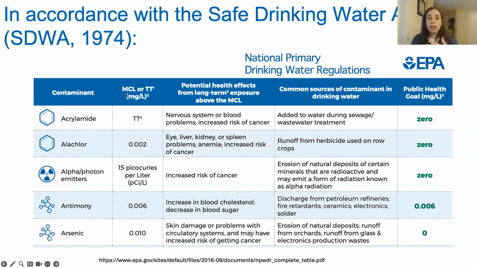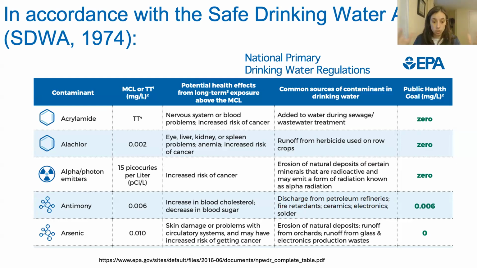And these are quite different, right? What's allowable in drinking water, what the federal regulatory standards and treatment techniques are. EPA is mandated to consider cost and technical feasibility as well as public health benefit when they're setting those standards. And so there's a difference here between, for example, 10 micrograms per liter of arsenic being allowable in drinking water, but our public health goal, if we didn't have to consider cost and feasibility, would be 0.